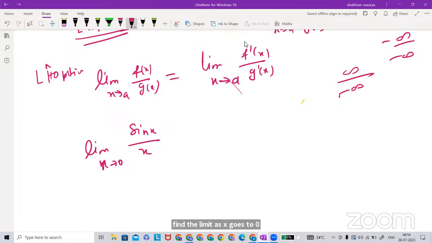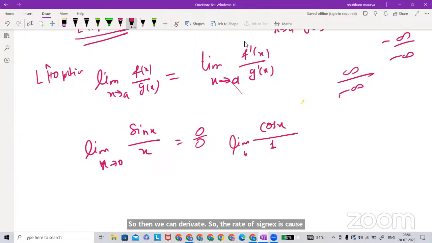This limit is 1, but how can we use the indeterminate form or L'Hopital's rule here? It is a 0 by 0 form, since sine 0 is 0, so we can apply L'Hopital's rule. Then we differentiate: the derivative of sine x is cos x, and the derivative of x is 1.